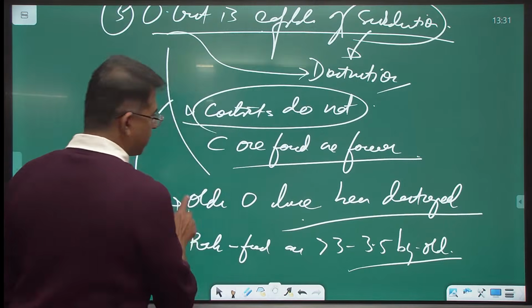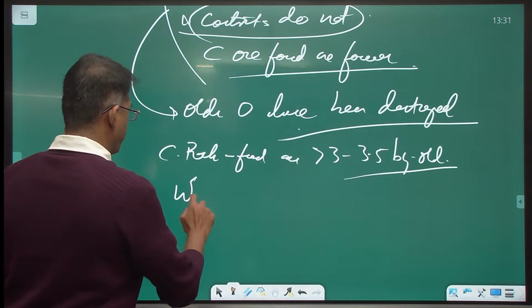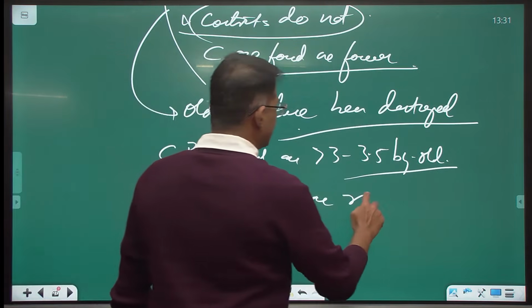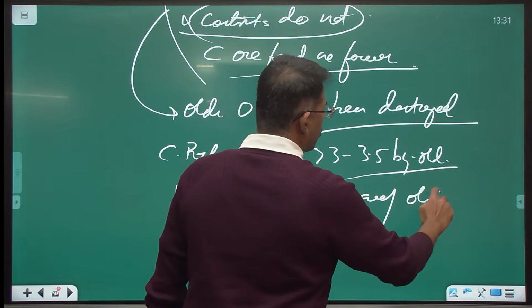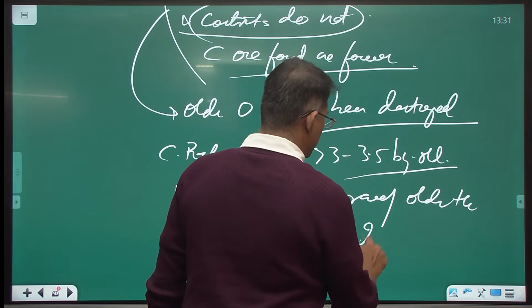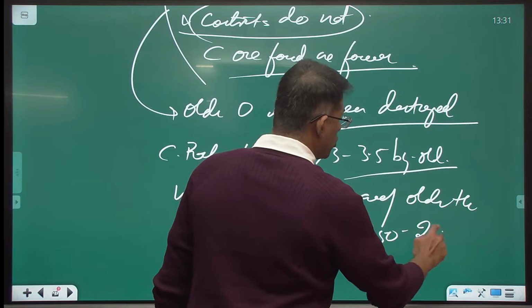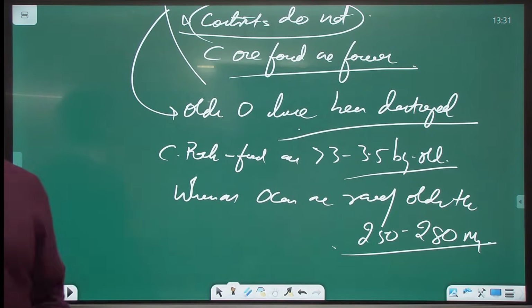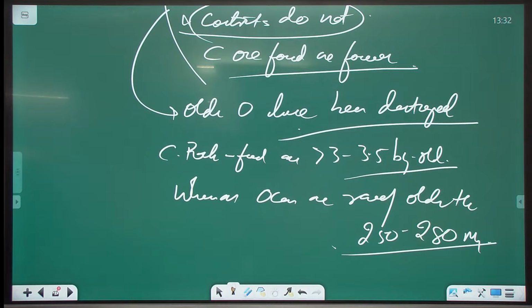Whereas oceans are rarely older than 250 to 280 million years, because the older oceans have been destroyed.